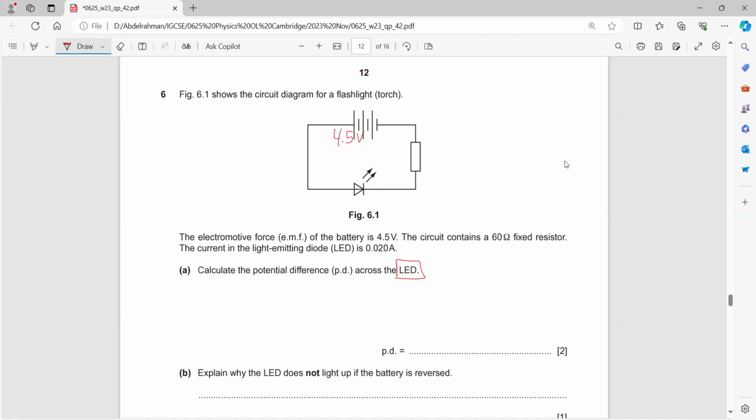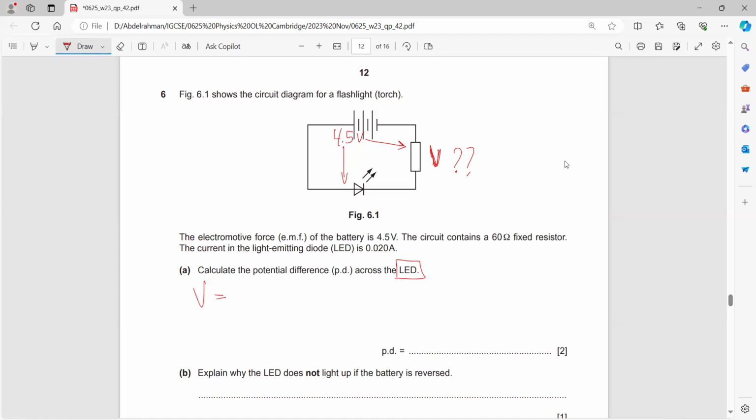These 4.5 volts will be divided. Some of them will be for the LED, and the remaining voltage will be for the fixed resistor. Can I find the potential difference of the fixed resistor?